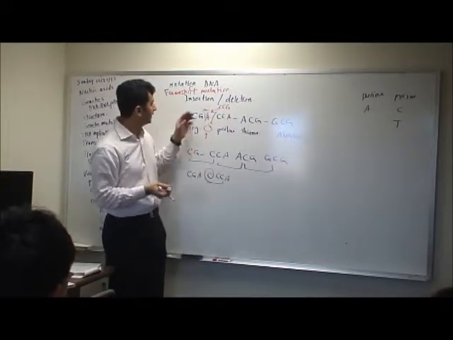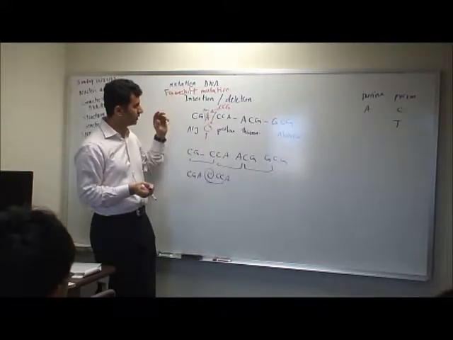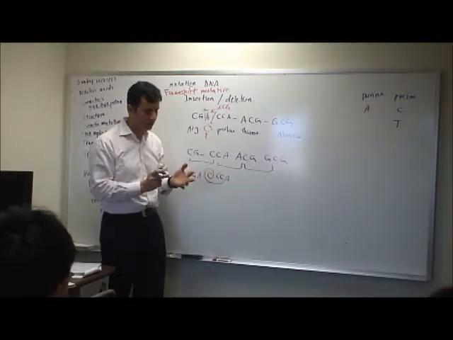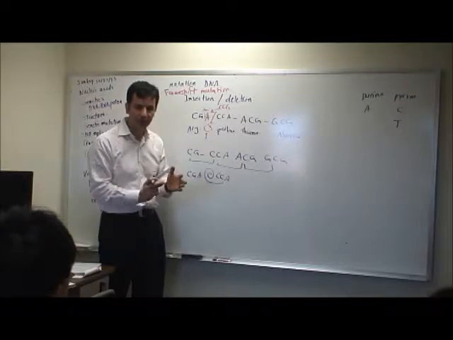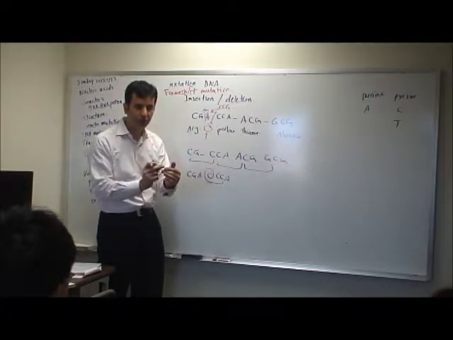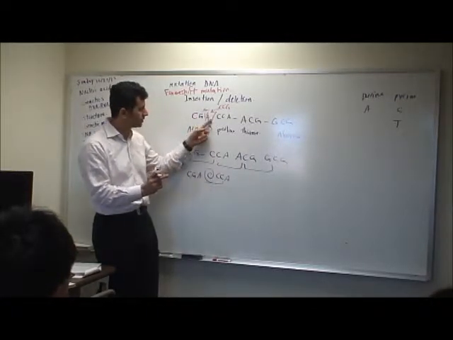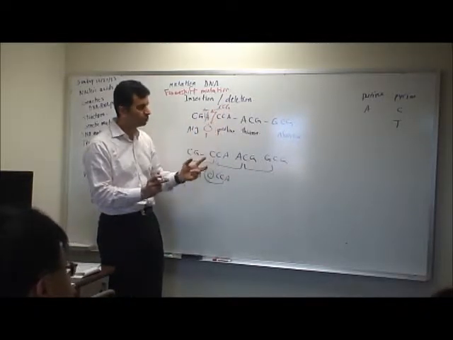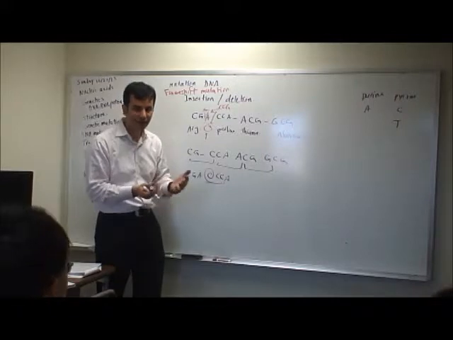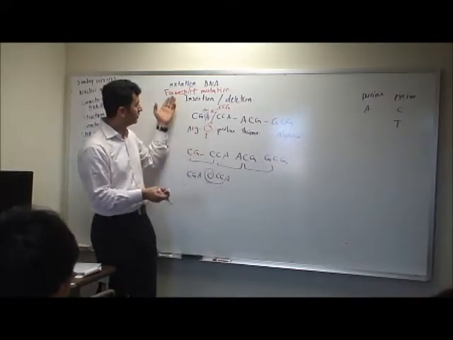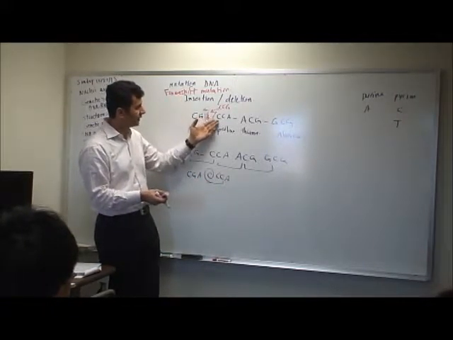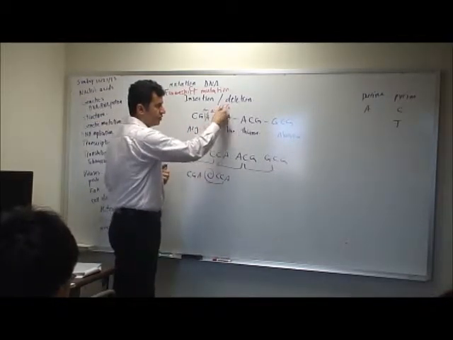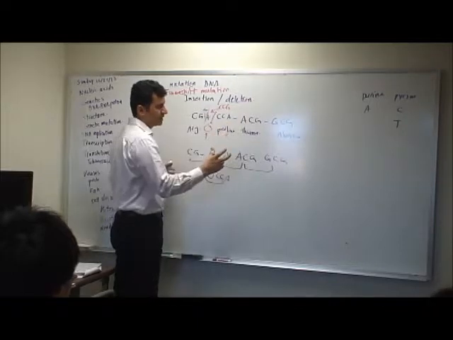You should know that when you talk about a frame shift mutation, what has to be inserted is anything other than a multiple of 3. So either 1, 2, 4, 5, 7, right? If you insert 3 base pairs here, it does shift the frame, but they don't classify it as a frame shift because it introduces a new amino acid or takes one amino acid out.